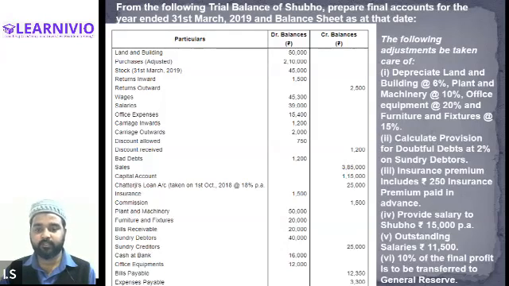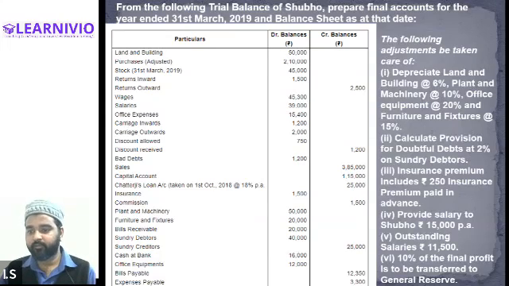Next we have salaries. Now for salary, there is an adjustment entry given in the question. Come to adjustment entry number 5.